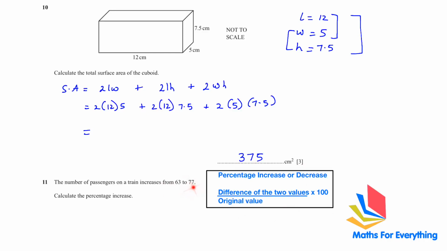We have been given two values, 63 and 77. So the big minus the small. That will be 77 minus 63 over the original value. What was the original value? It increases from 63. So that was your original value. And times it by 100. You will get 22.22.